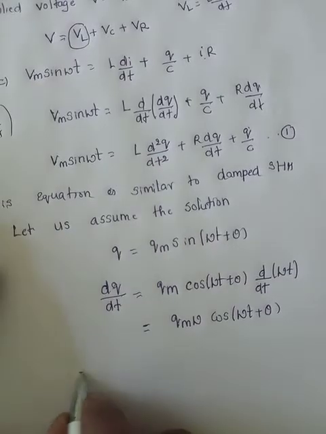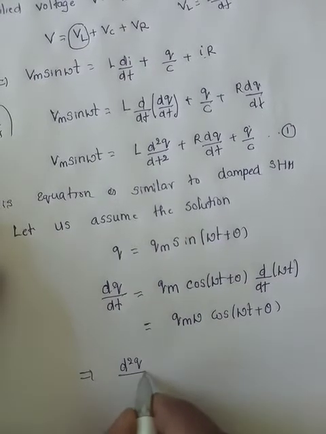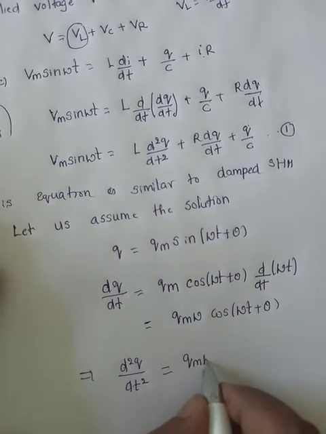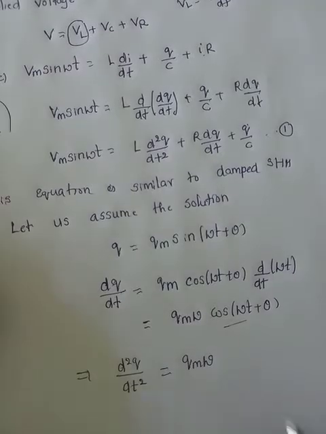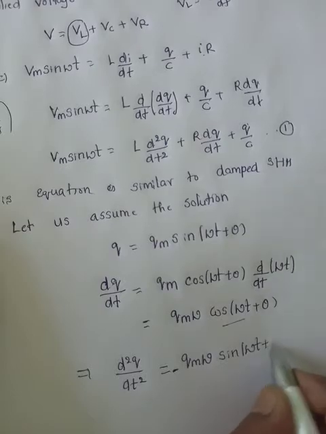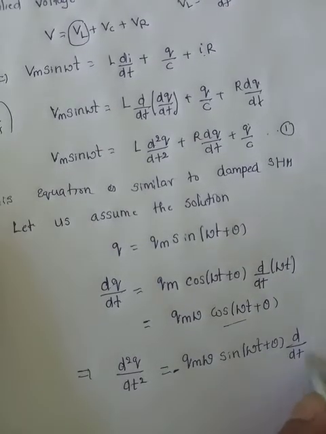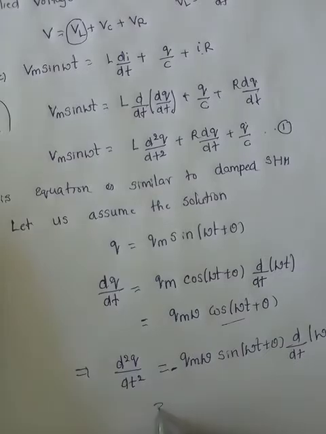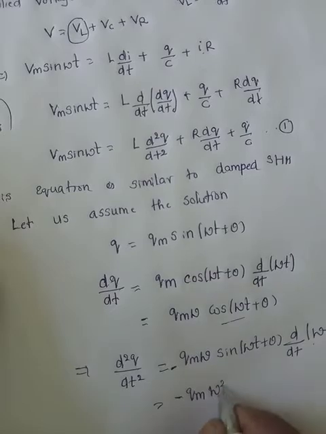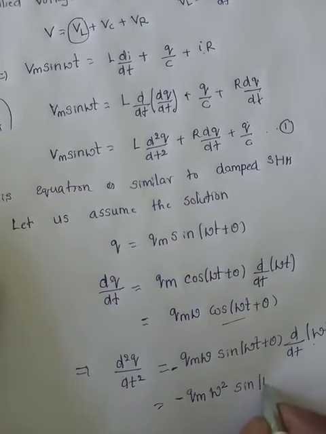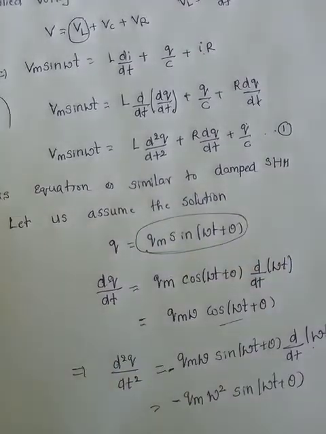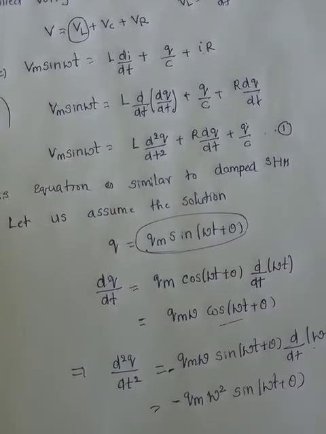Next, double differentiation: d square Q by dt square equals Qm omega, constant, times d by dx of cos x, which is minus sin x. So minus sin of omega t plus theta, again differentiating the variable term omega t, which gives omega. Omega into omega, omega square. So minus Qm omega square sin of omega t plus theta.